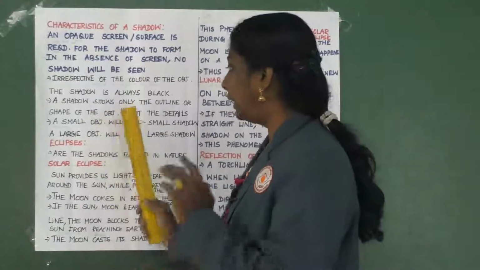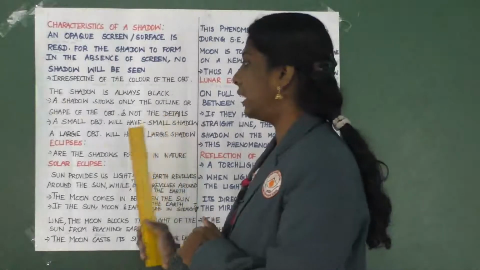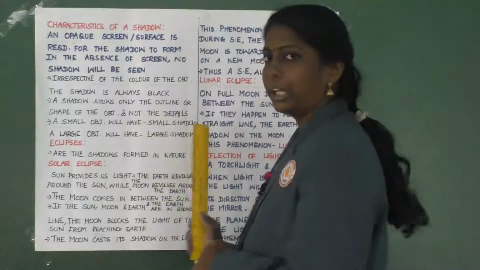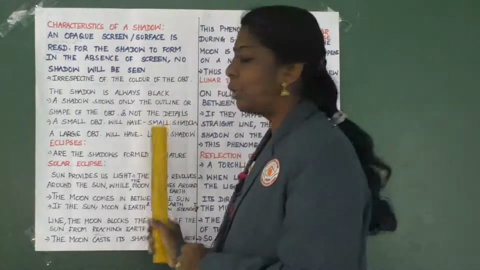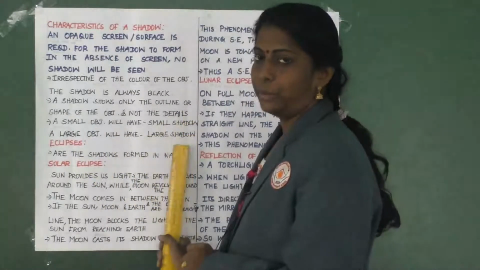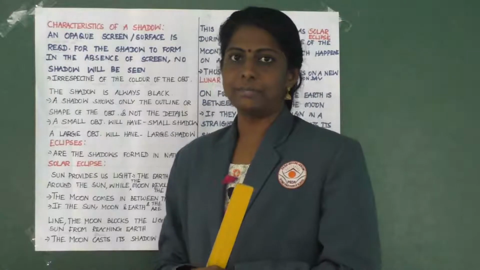It does not give the details. A small object will have a small shadow, and a large object will have a large shadow. These are the different characteristics of a shadow.